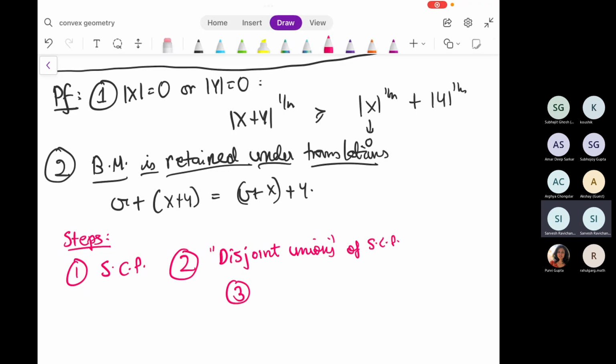So for example, while I won't be elaborating on this, typically we use disjoint unions of standard closed parallelepipeds to first go to compact, bounded sets, and then from compact sets we use inner regularity to go to any bounded measurable set, right? And 3 and 4 are arguments that I will pretty much be skipping because I will tell you where they can be found.